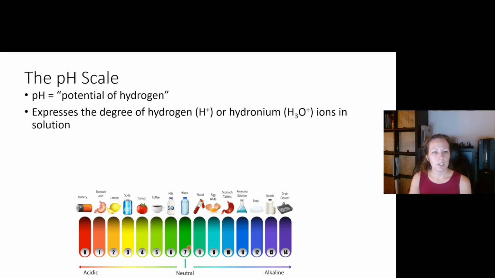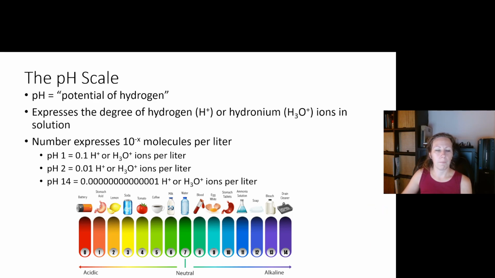And just FYI, to help understand what the numbers mean, I find this helpful. The numbers actually express 10 to the negative x, x being whatever the pH number is, molecules of hydronium or hydrogen per liter. So a pH 1 has 0.1 hydrogen or hydronium ions per liter. pH 2 has 0.01.